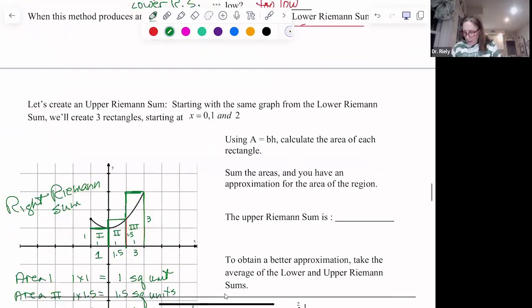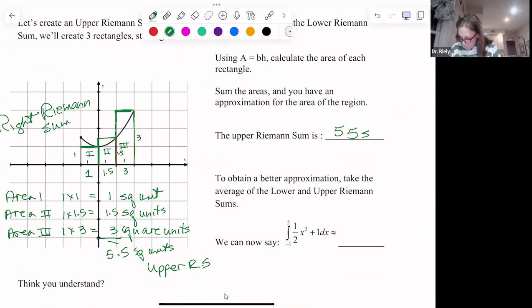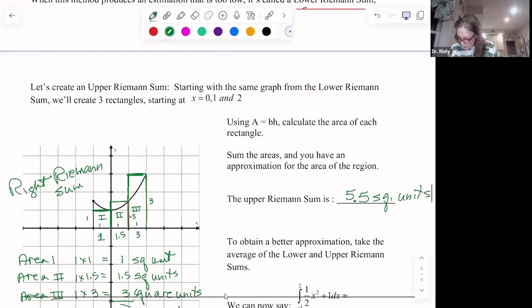So then they ask us about this here. So I said the upper is 5.5 square units. So it says to better approximate, you can take the average of the upper and the lower. So if you take the average, you're going to get 5.5 plus the 4.